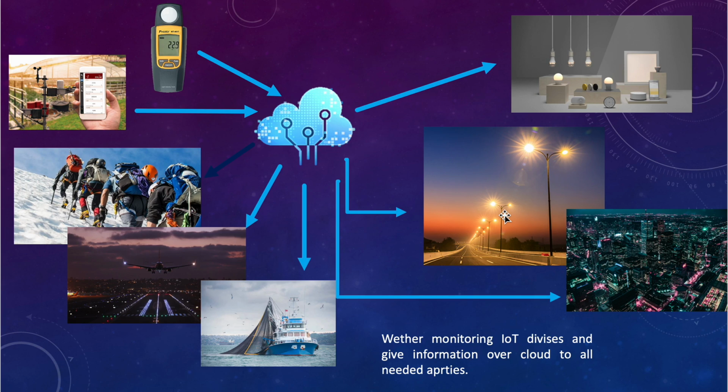And in smart cities, lighting systems for roads can get real-time weather information, such as the intensity of the light, to make decisions. We talked about the efficiency and everything, so you can see that is a decision-making application.